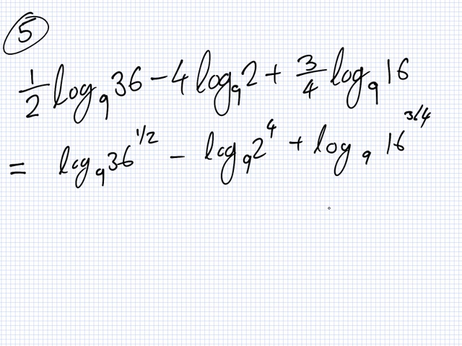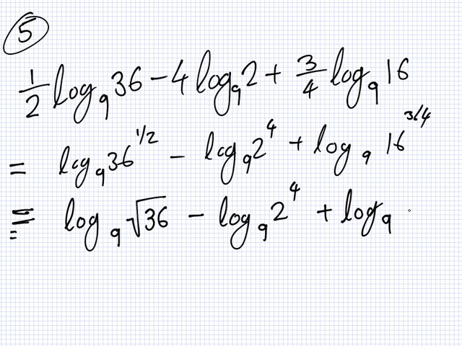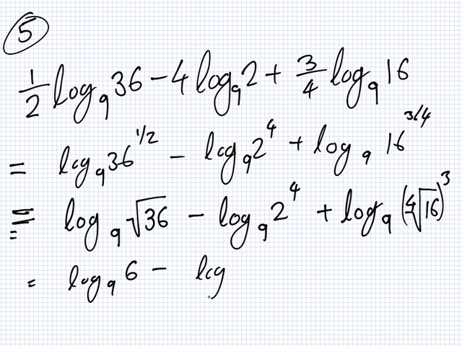Trying to write without seeing. Fourth root of 16 cubed. Yeah. So, that's the square root of 36, which of course is 6. At power 4, 2 to the 4, this is 16. The fourth root of 16 is 2. And 2 cubed is 8.